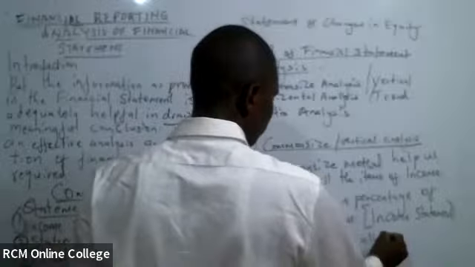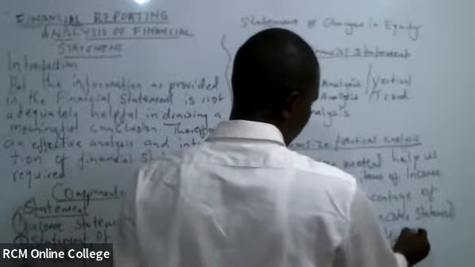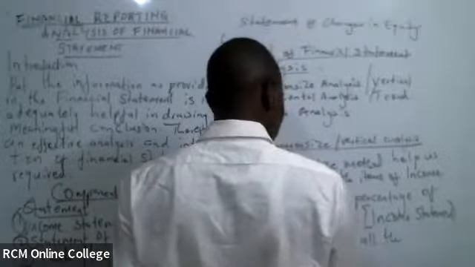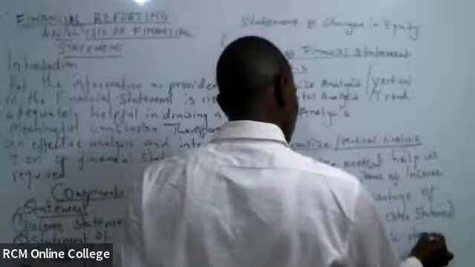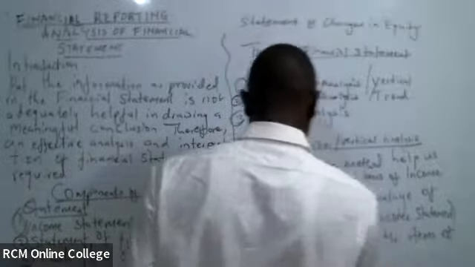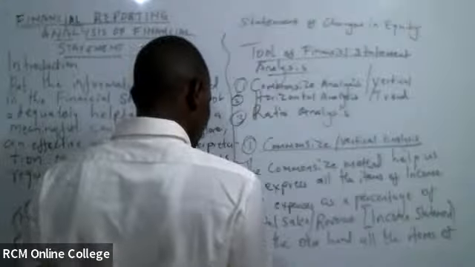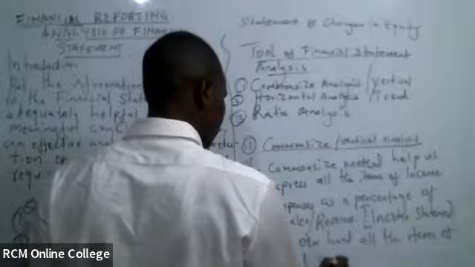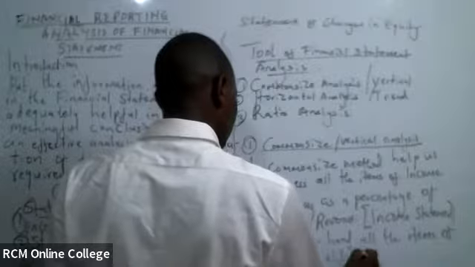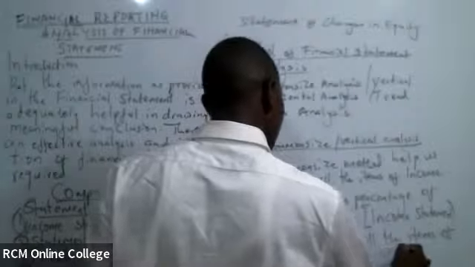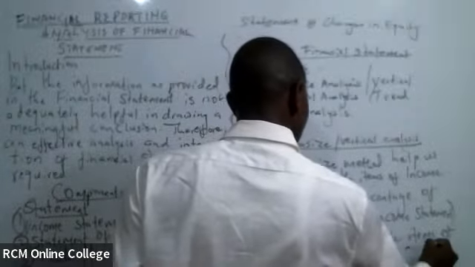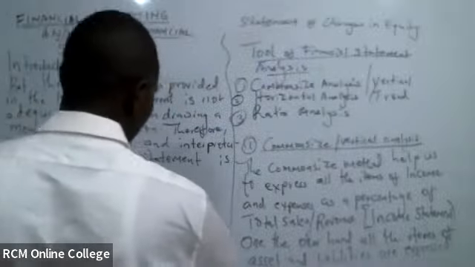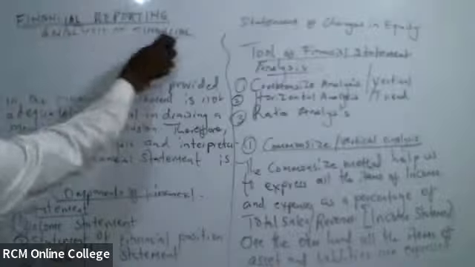All the items of assets and liabilities are expressed as a percentage of, total what?